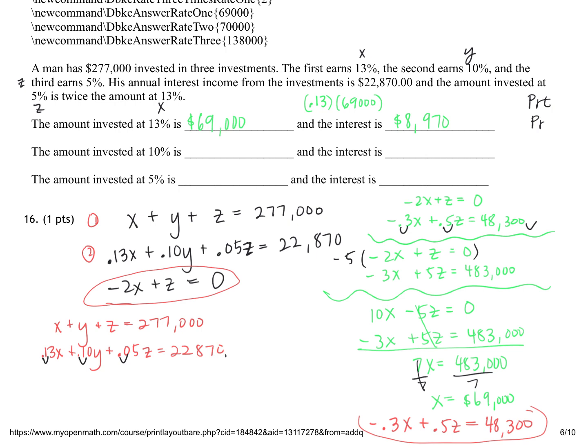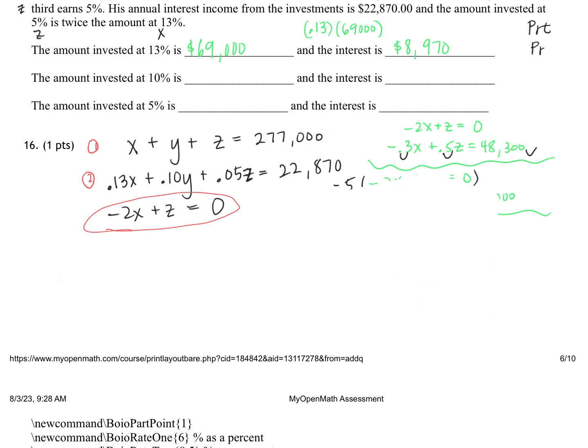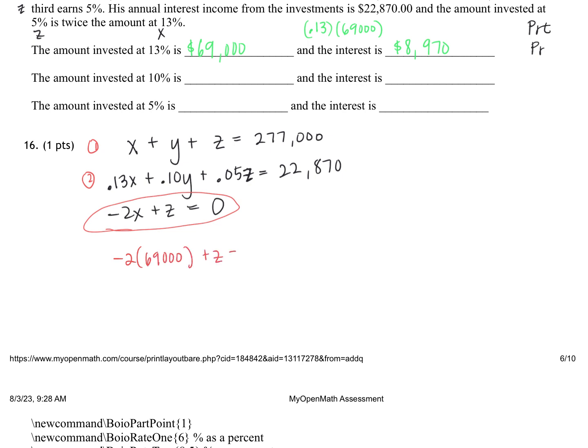Okay, so now I've found the amount at 13%, which was x. Now I can use that amount to find z. So let's see what we have now. So this last equation that's circled in red, we can use that because we know x now. So 2 times x, which is 69,000, plus z equals 0.